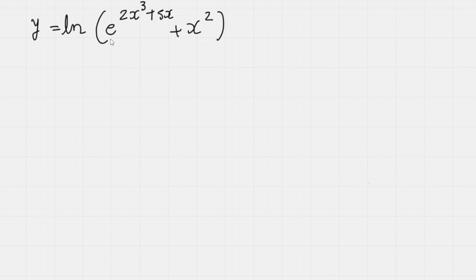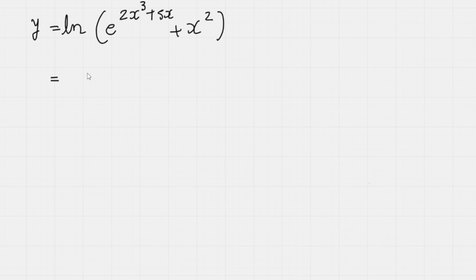And if we talk about this exponential function only, then e is the outer function, and inside it 2x³ + 5x is the inner function. So first let us write the derivative of the outer function ln.